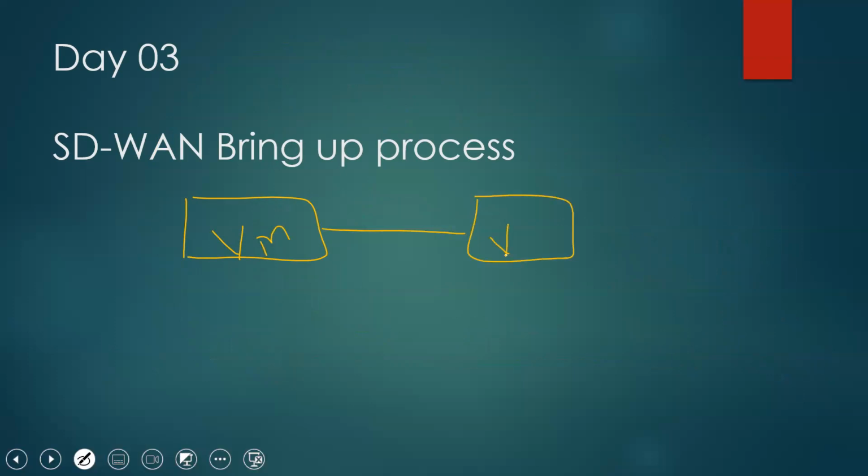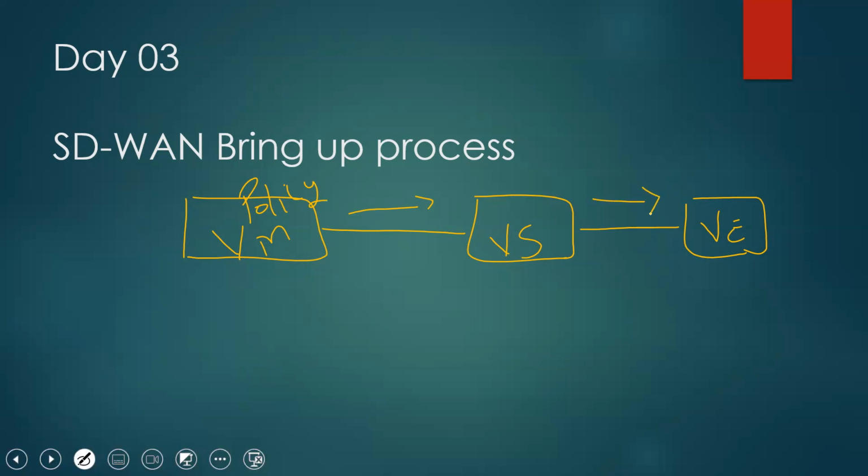In vManage we have the option to create the policy, because policies and templates you can create from vManage. So from vManage you create the policy, that policy is pushed to vSmart, and then vSmart pushes that policy to vEdge, right? In a diagram it's very simple.